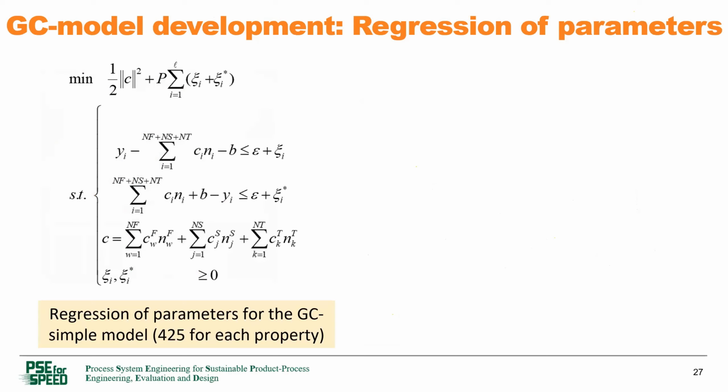We want to minimize the difference between the sum of squares, or we want to use the maximum likelihood principle, and we want to get the value of the parameters, which are C, and then C to the power F, C superscript S, C superscript T. And Y is the experimental values we already have, so we can compare against experimental and calculate it. And every group has one contribution, so there are 425.